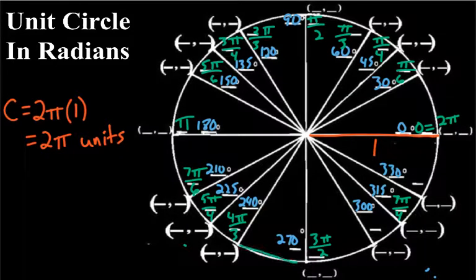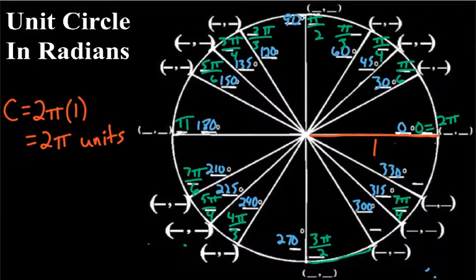Adding another 30 degrees is 270 degrees, and 8 pi over 6 plus pi over 6 will be 9 pi over 6, and 9 pi over 6 is equal to 3 pi over 2.